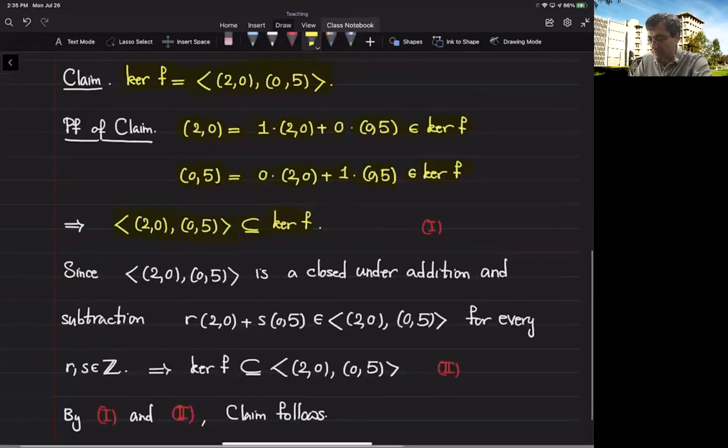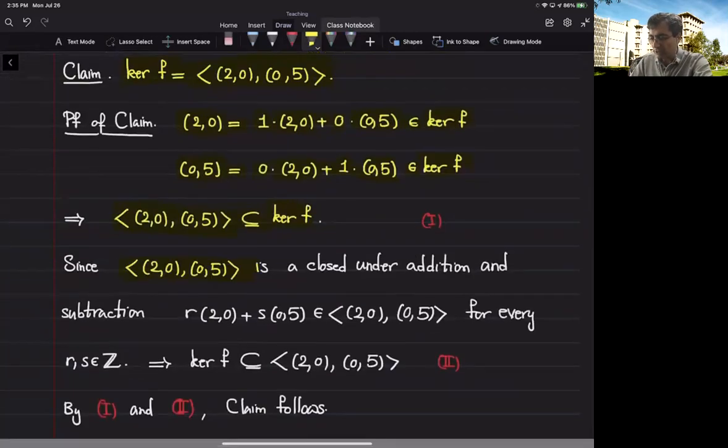Because this is a group that is closed under addition and subtraction, we deduce that for every pair of integers r and s, this integer linear combination of the vectors belongs to the subgroup generated by 2 comma 0 and 0 comma 5.